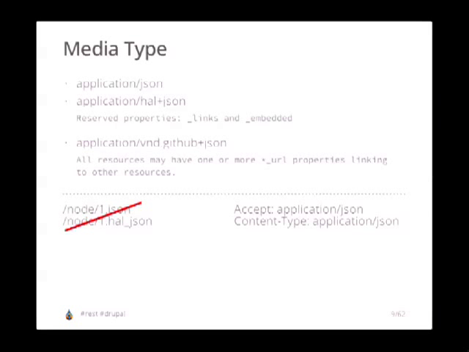So you have the accept header, which you use when you're doing a GET request. Basically, you can specify what formats you accept and understand. And then if you're actually sending some data up to a server, use the content type, because you know what the media type that you wrote that in is.